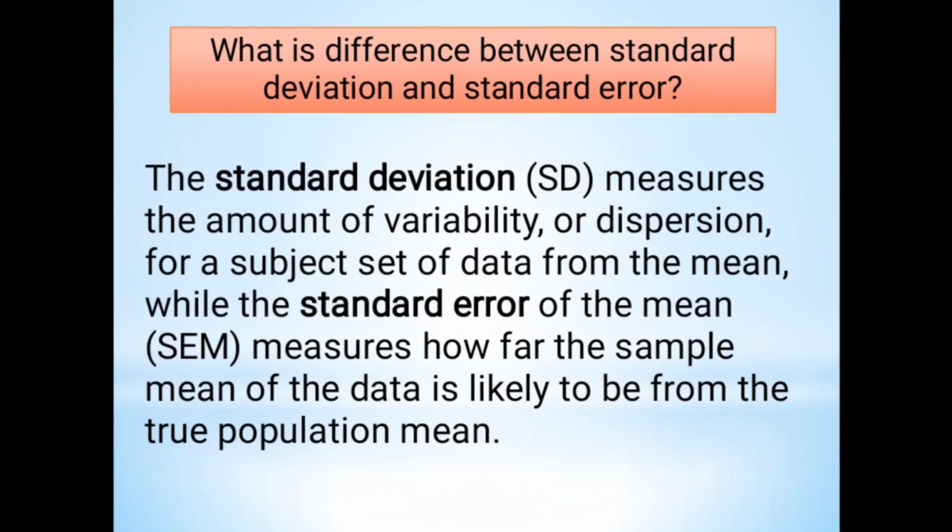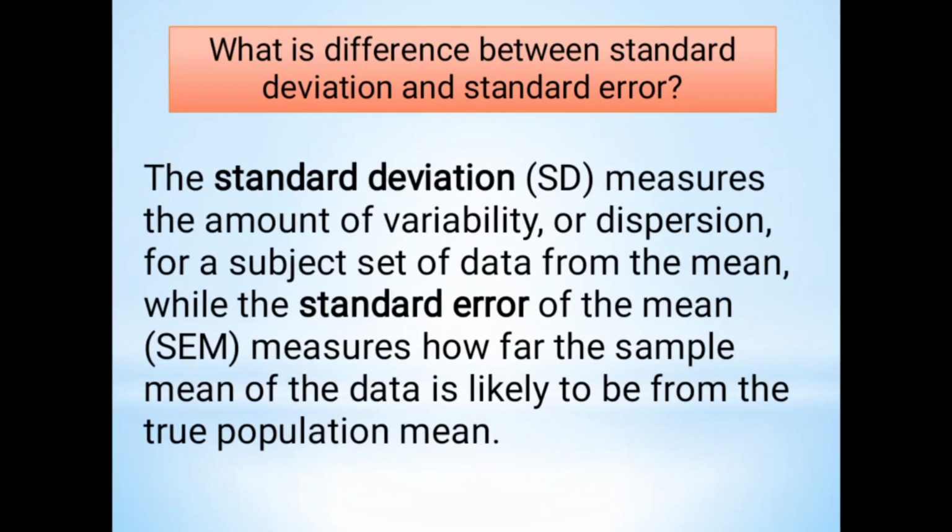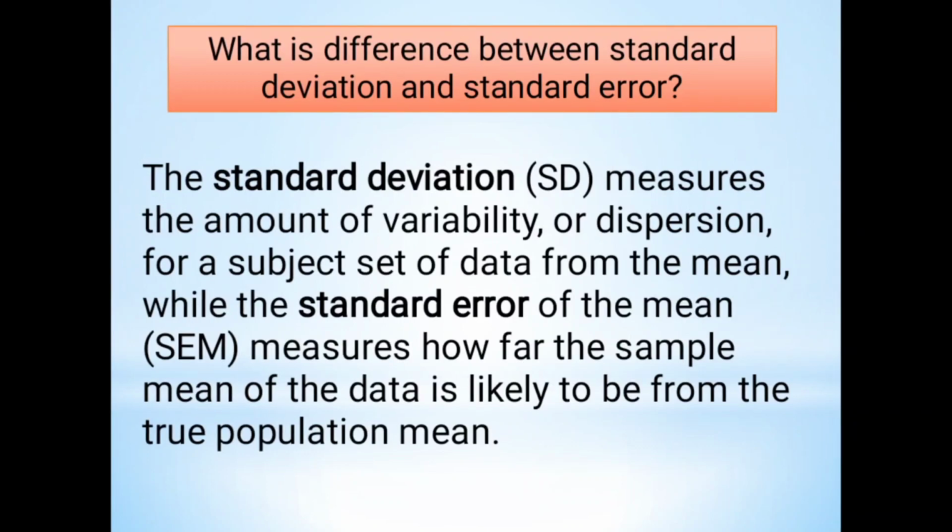So sample size matters in both the central limit theorem and standard error. What is the difference between the standard deviation and standard error? Standard deviation measures the amount of variability or dispersion of a set of data from the mean, while the standard error of the mean measures how far the sample mean of the data is likely to be from the true population mean.